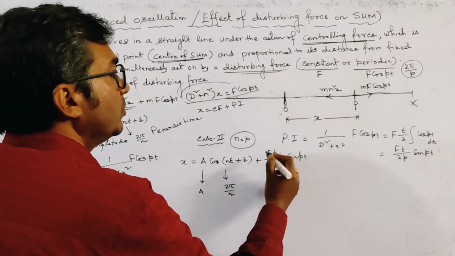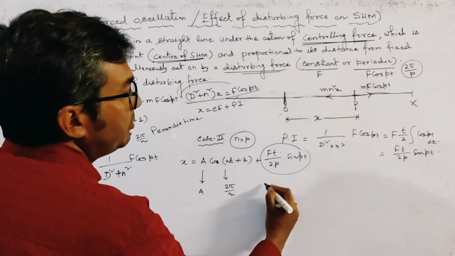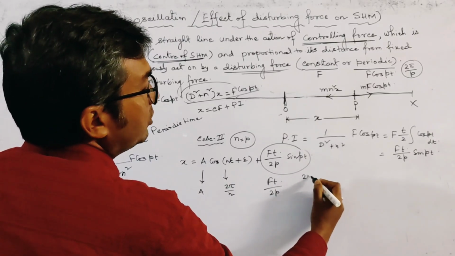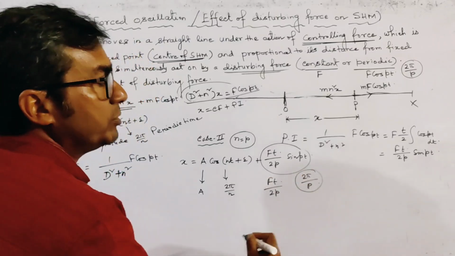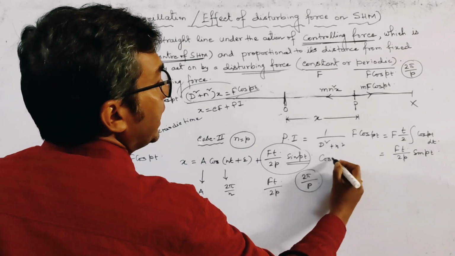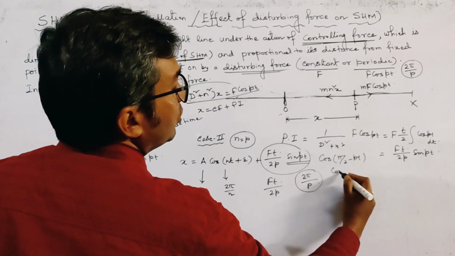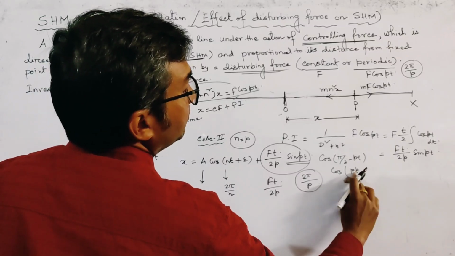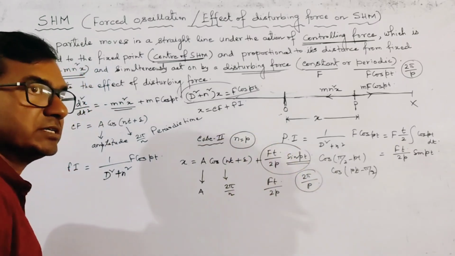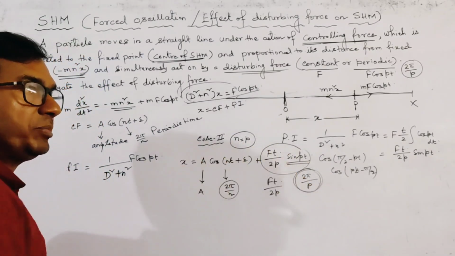Okay, and for the second motion, that is for the periodic disturbing force, here the amplitude is ft by 2p, and the period is 2 pi by p also, because this term sin pt can be written as cos of (pi by 2 minus pt), or cos of (pt minus pi by 2). So the periodic time is the same. So the two periodic times are the same because n equals p.